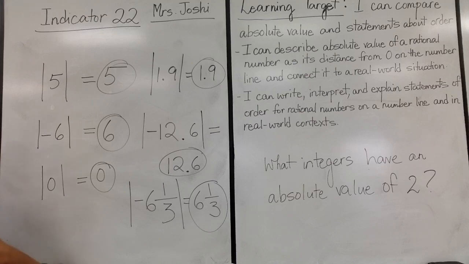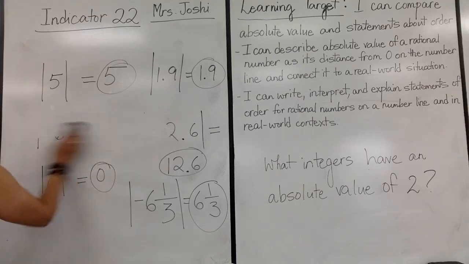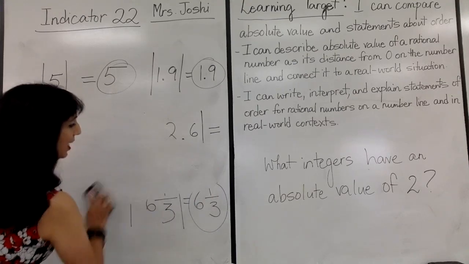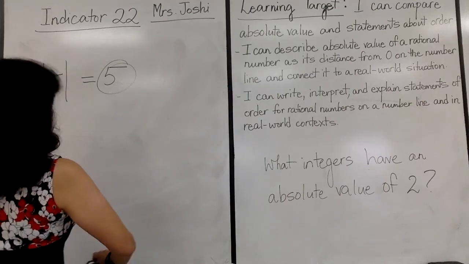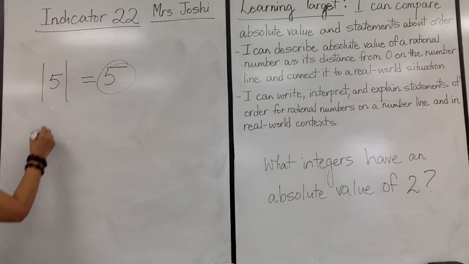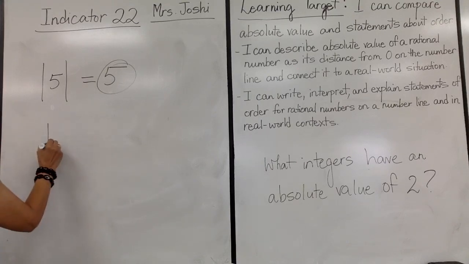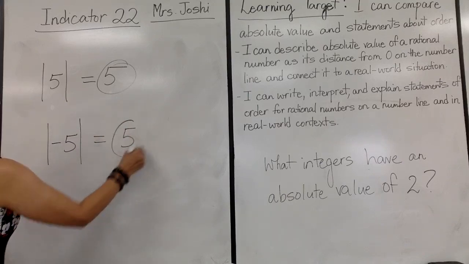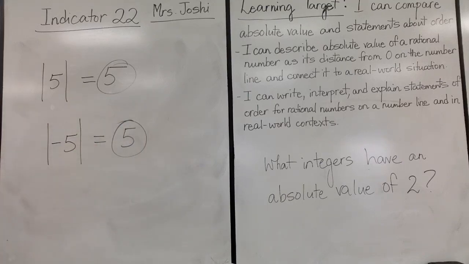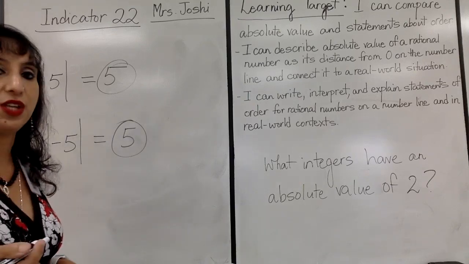Just want to show this to you. The only time when absolute value is negative is, let's say I have this number, but now if I had negative 5 also, the absolute value distance would be the same. It is 5, because that's the distance of negative 5 from 0.